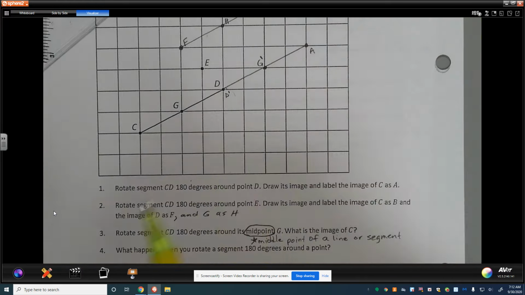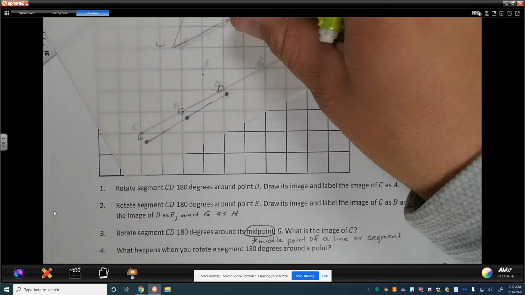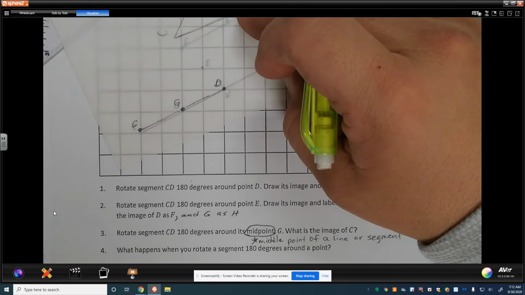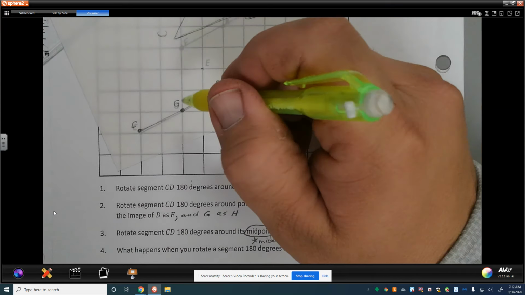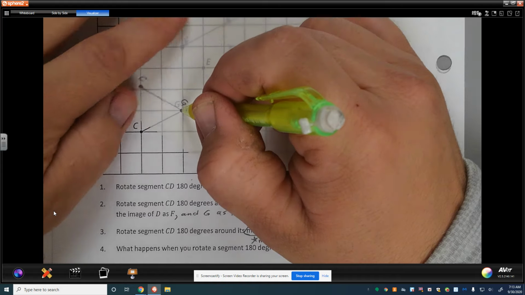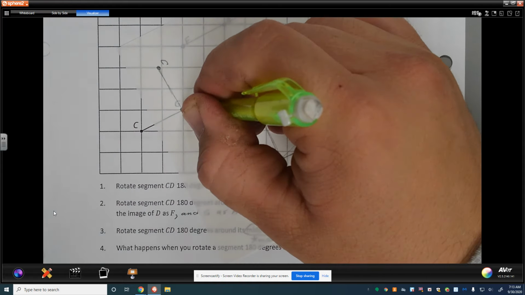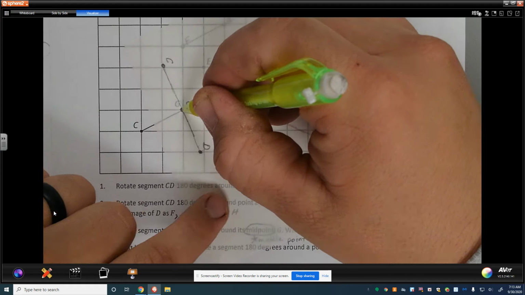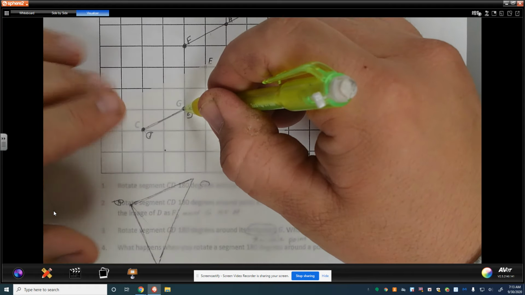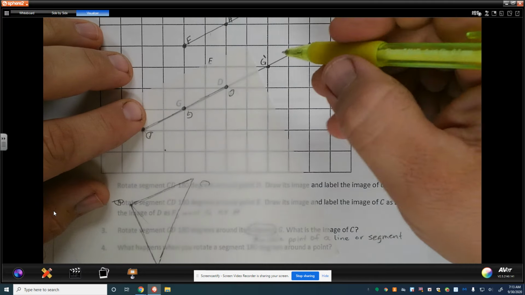Here's G. Let's come back to our patty paper. And we're going to rotate 180 degrees around point G. Perpendicular is 90 degrees. Another 90 degrees. And we see, what is the image of C?